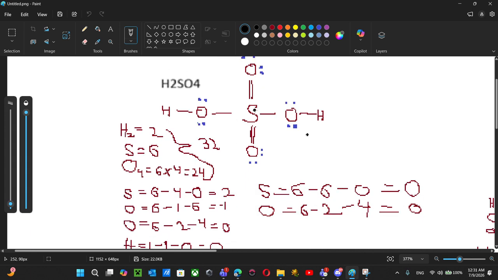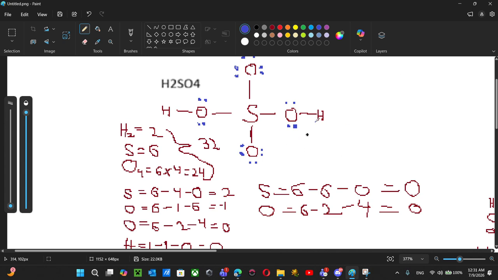I start by drawing the center atom here, that was sulfur. Then the four oxygens around and the four H's around. Originally, it was single bonded here and single bonded over here, and there were two more protons on the oxygens on the top and on the bottom.